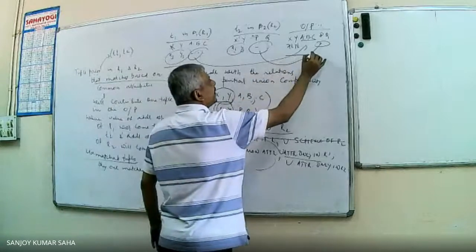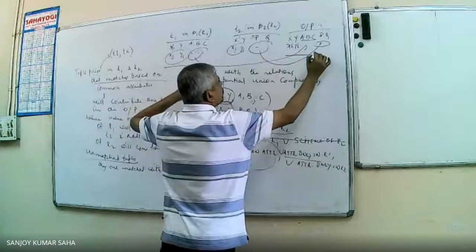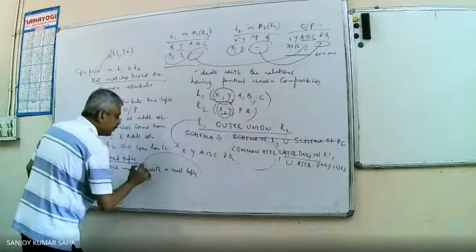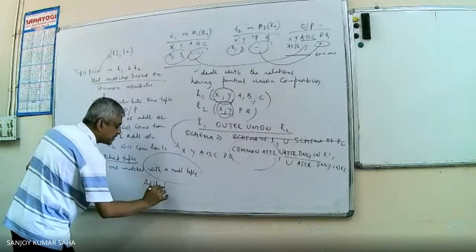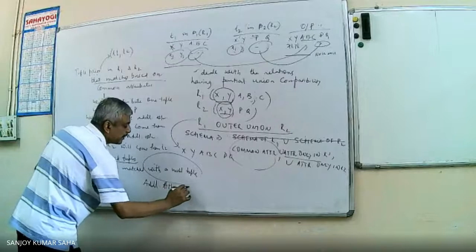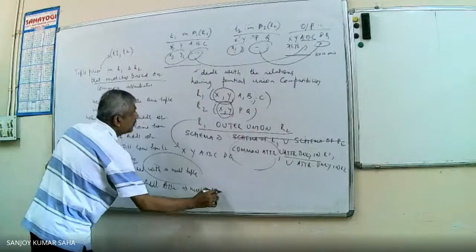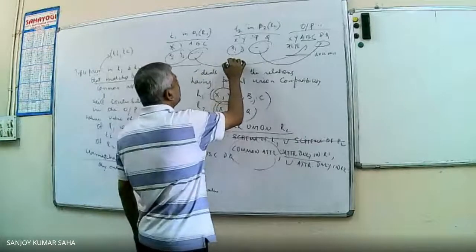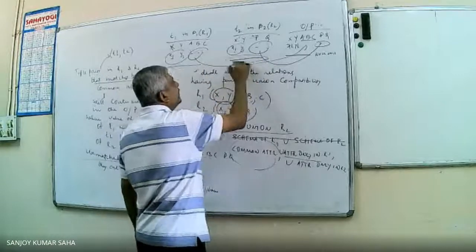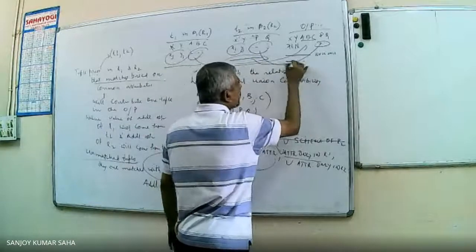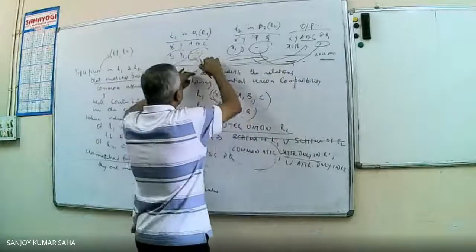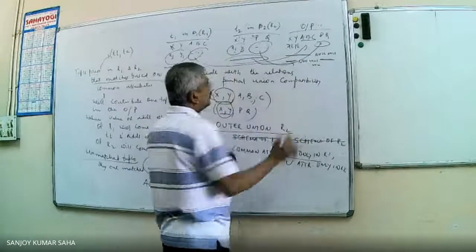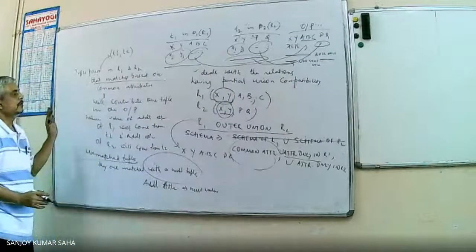There is no P, Q, so P, Q will be null. Similarly, if we have some tuple in R2 for which there is no match, X, Y, P, Q will appear, and for A, B, C it will take null. So that is the outer union.